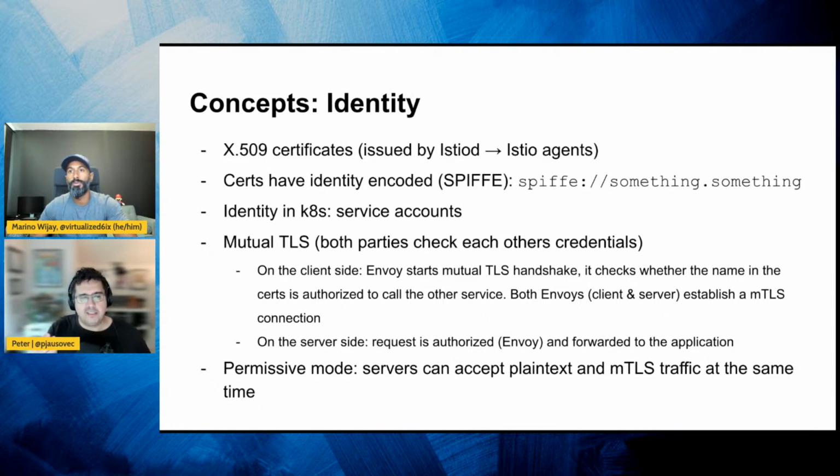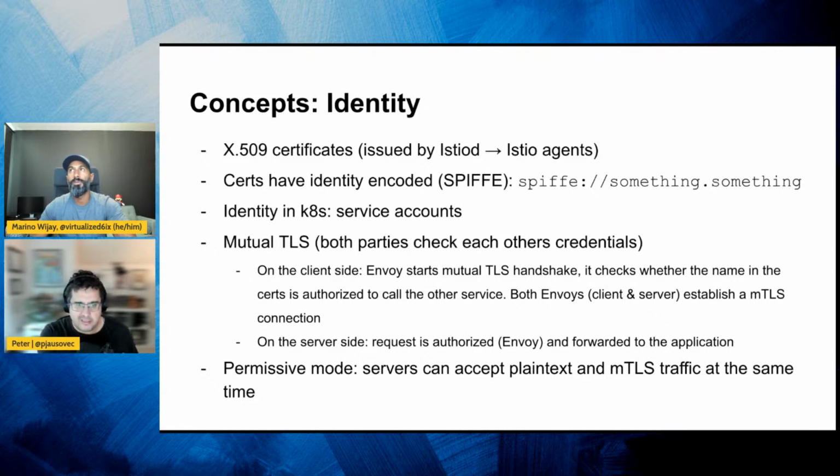So these certificates are a little bit special because they have an identity encoded. Each service has its own identity. When we're talking about Kubernetes, that identity is derived from the service account. And it gets encoded into the subject alternative name field in the certificate in the form of a URL.